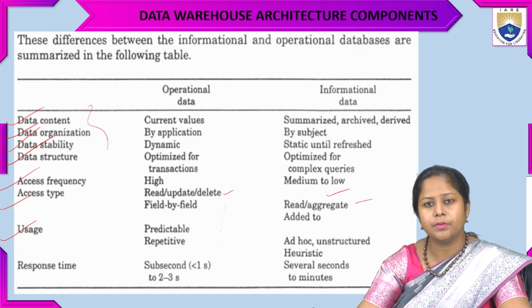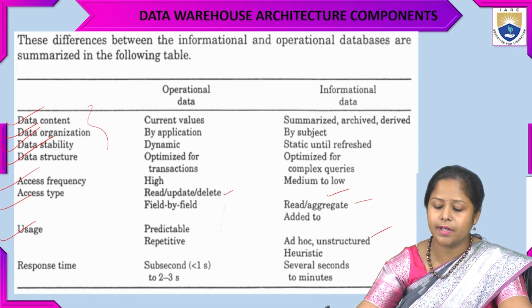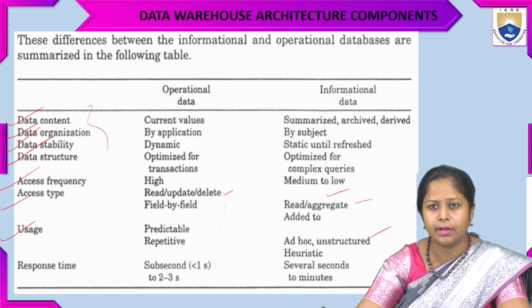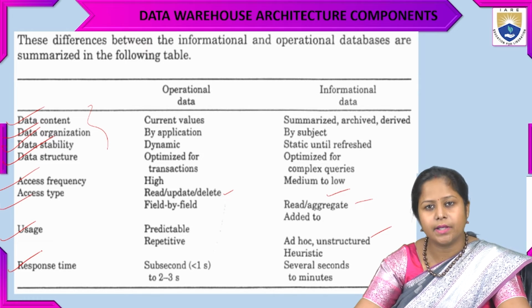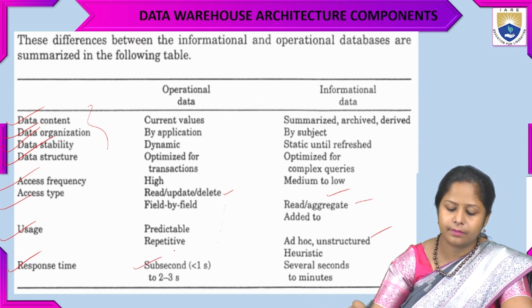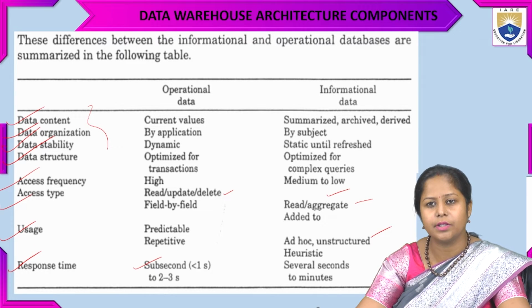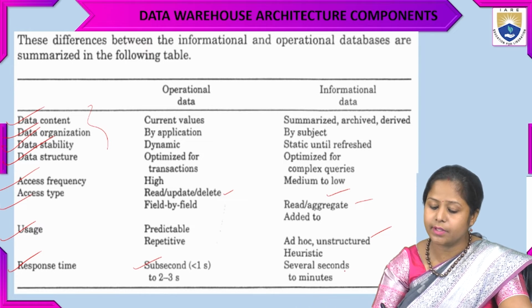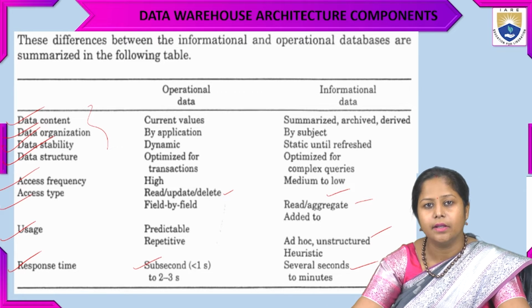The operational data is predictable and repetitive, but the informational data is unstructured, heuristic, searchable, and ad hoc. The response time of the operational data is sub-second, that is less than 1 second, or 2 to 3 seconds. But the informational data can be fetched in several seconds to minutes. That is the time taken.